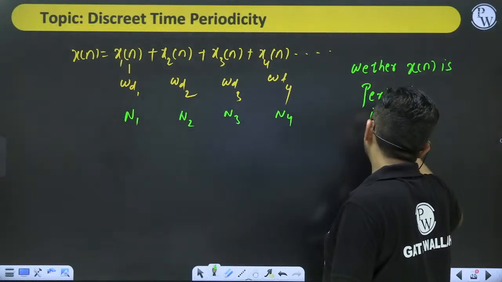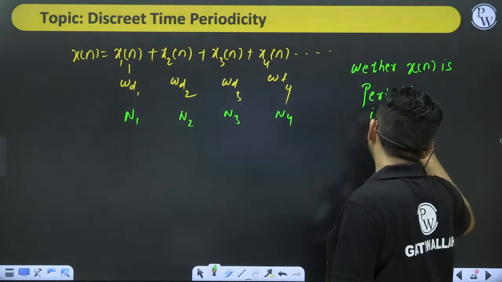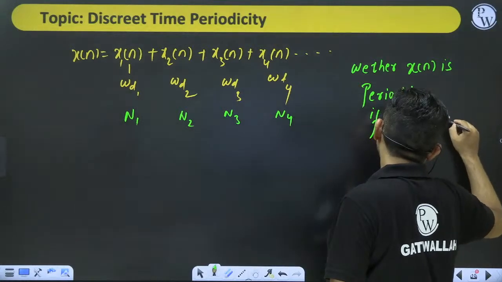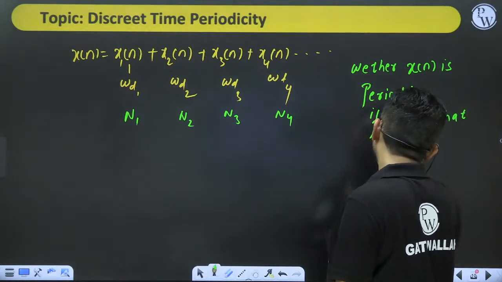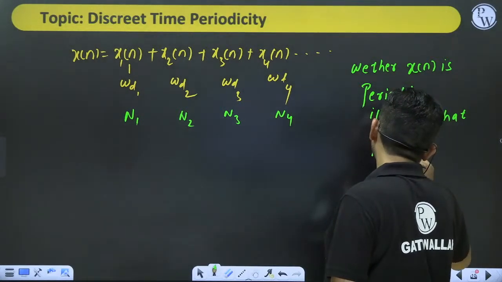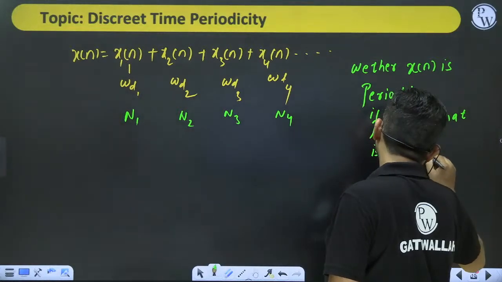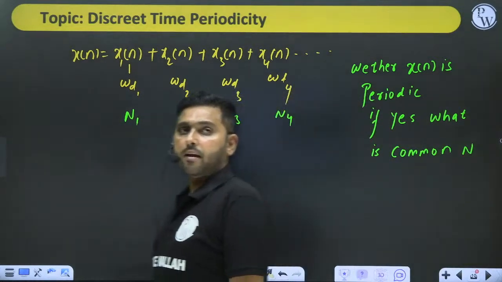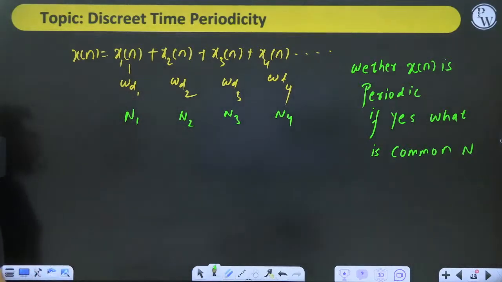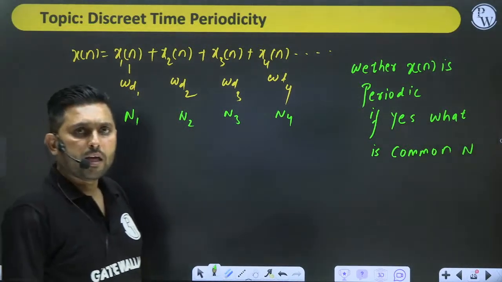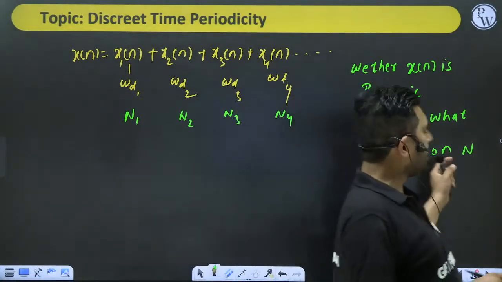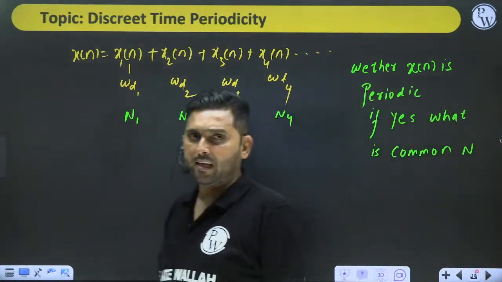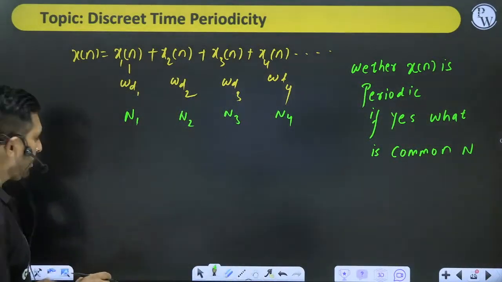If yes, what is the common n? If this function is periodic, what should be the common n?